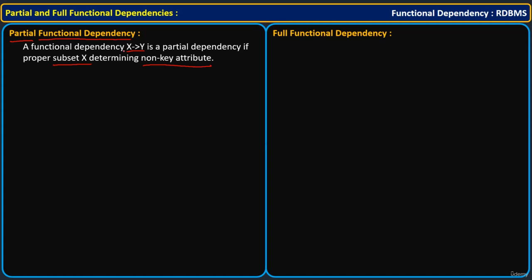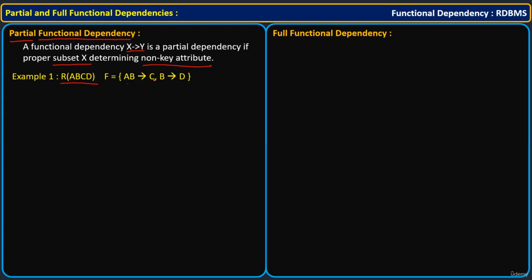Okay. So for better understanding, let us take a simple example. Here the relation is R(A, B, C, D), so a total of 4 attributes are there. And its corresponding FDs are AB deriving C, B deriving D. The very first thing is whether it is a partial dependency or not. To confirm that, identify the candidate key from this.